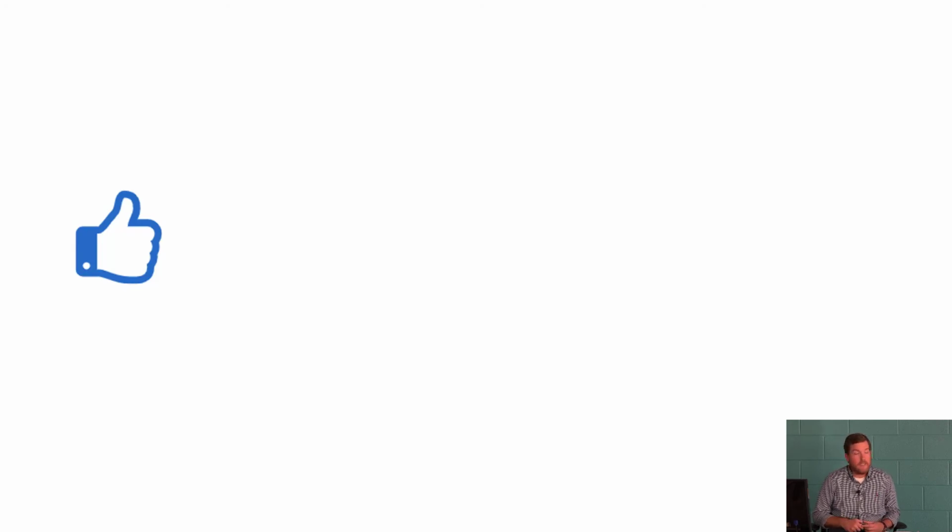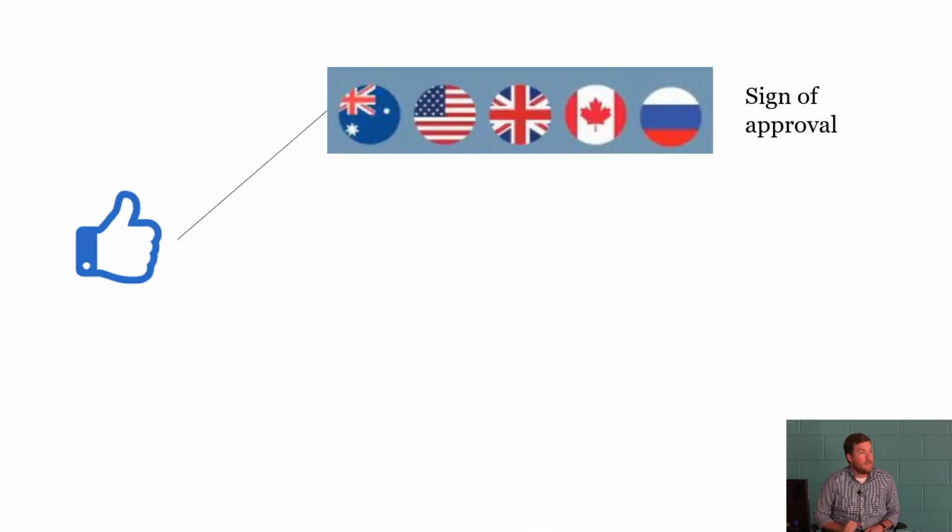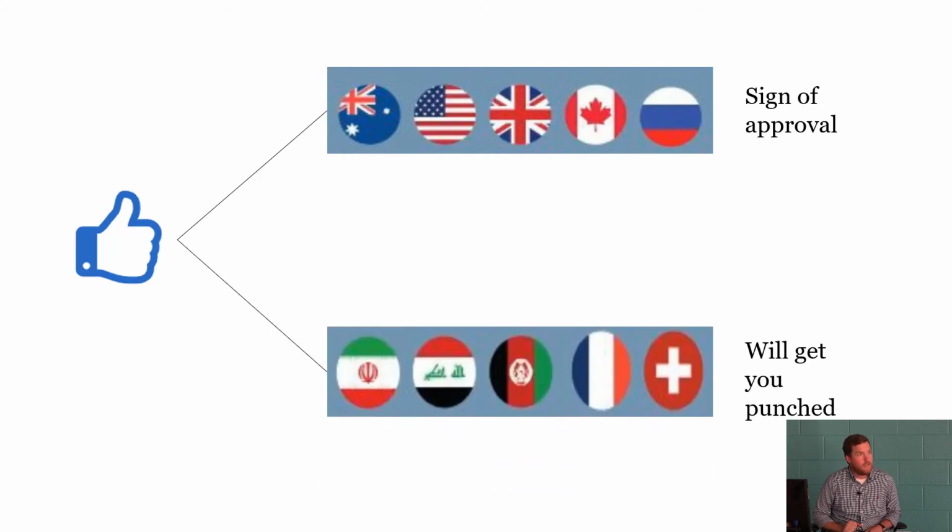For us, we see this as good job, thumbs up, right? And in many countries, it's the same thing. In other countries, it might get you punched in the face, right? So just be aware of the fact that some symbols have cultural meaning attached to them, and be cognizant of the symbols that you use in your slides.